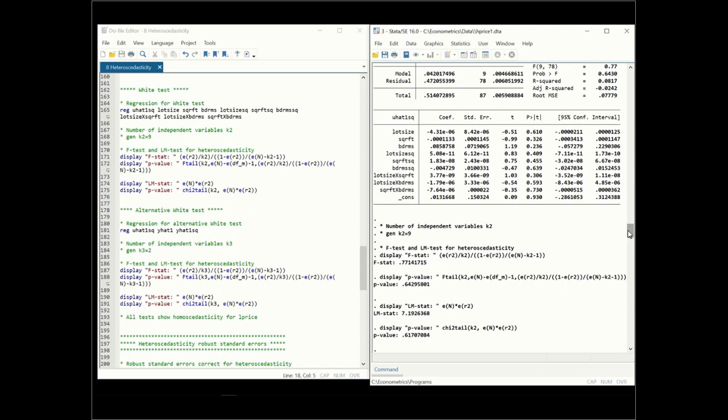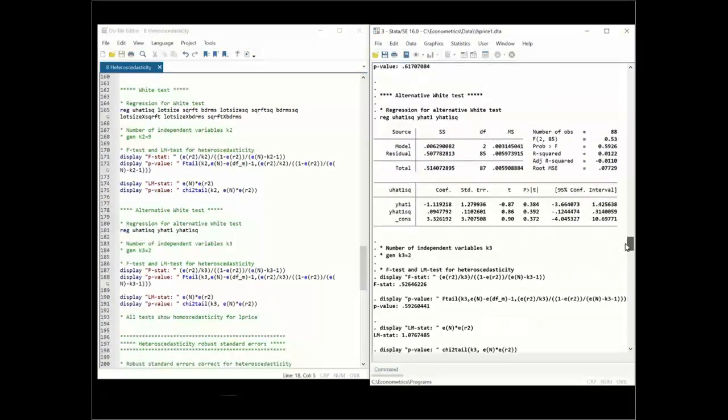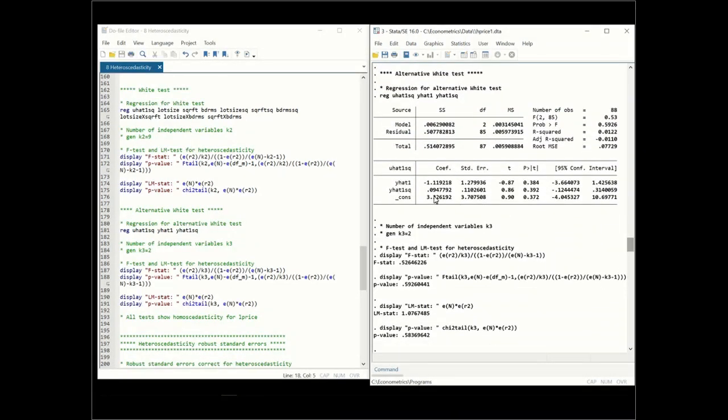This is the regression that we would be doing here. And we would see that these coefficients are not significantly different from zero individually. With a joint F test, this is the F statistic, and the p-value is greater than 0.05, so we do not find joint significance here.